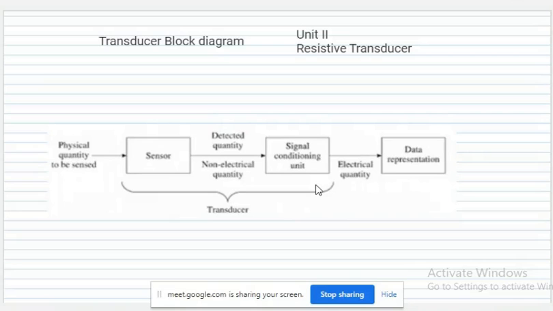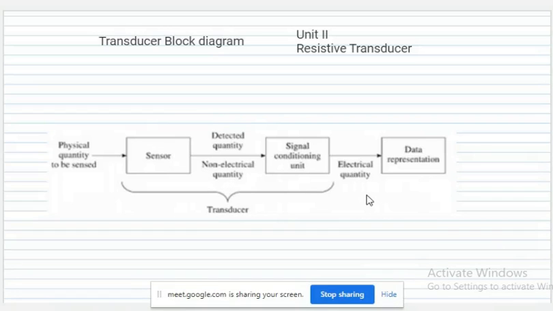The sensor gives information either in the form of a non-electrical quantity or a passive electrical quantity, meaning change in resistance, change in inductance, or change in capacitance. So the signal conditioning unit is used to transform either a passive electrical quantity or a non-electrical quantity into an electrical quantity.